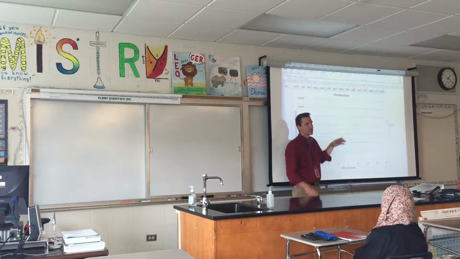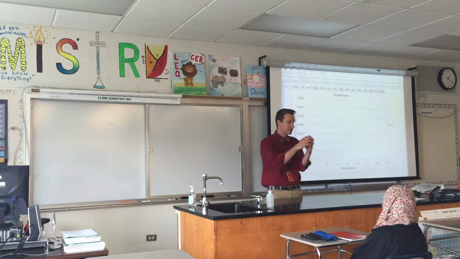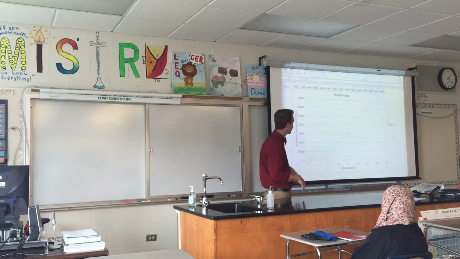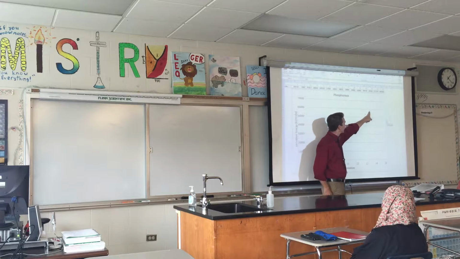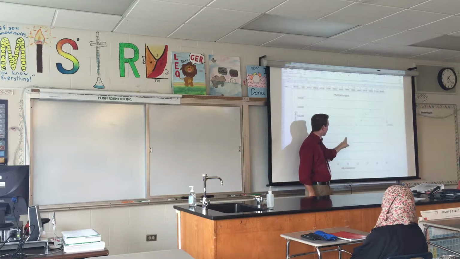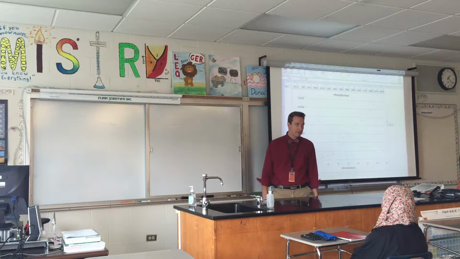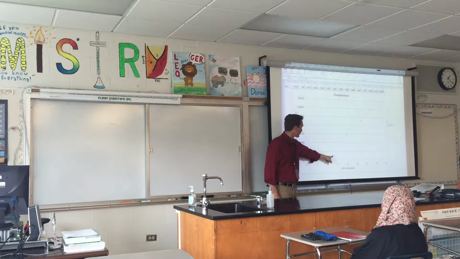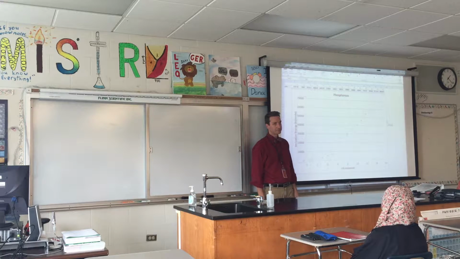So in phosphorus, there's actually three shells of electrons. There's that closest one that holds 2 electrons. The next closest to the nucleus, 1, 2, 3, 4, 5, 6, 7, 8 electrons in that one. And then the outermost shell for phosphorus holds 5.